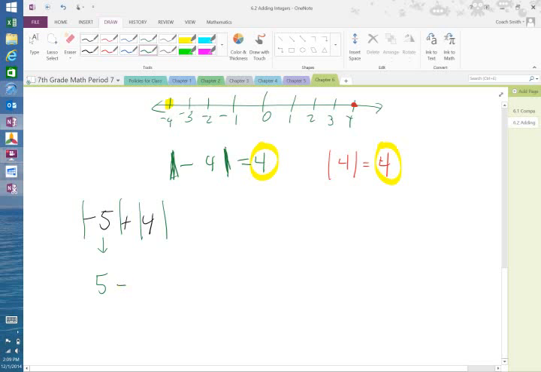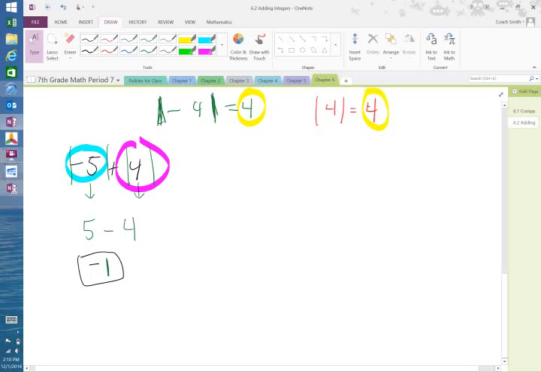And I have to subtract the absolute value of 4. What is the absolute value of 4? No, I did not say the opposite. It is 4. So 5 minus 4 is 1. Now, which number has the larger absolute value, -5 or 4? -5. Therefore, my answer is -1.